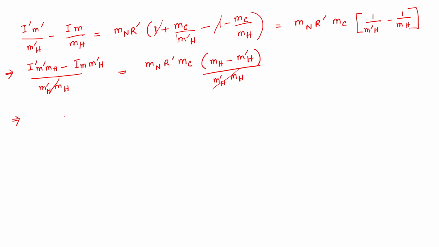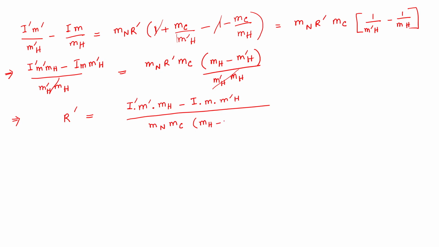So what is R dash? Is I dash M dash MH minus I divided by M dash H, divided by Mn MC MH minus M dash.